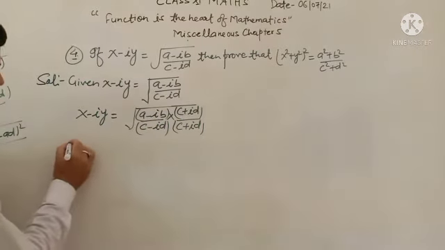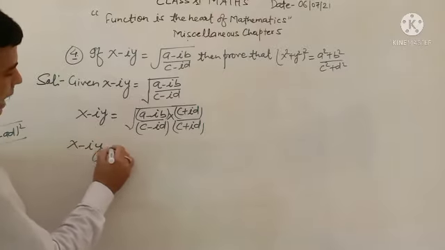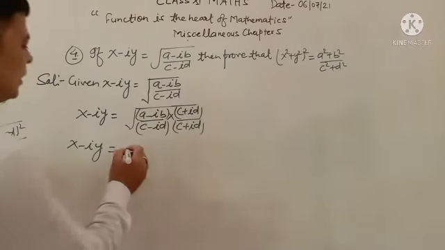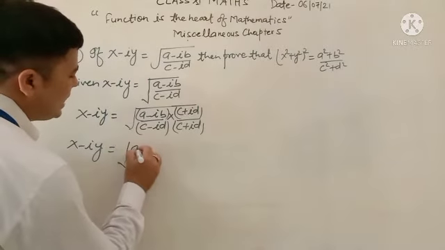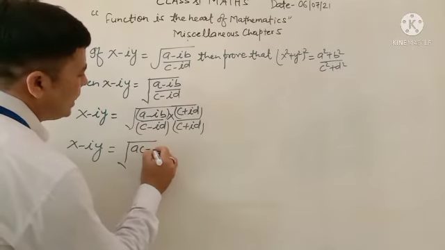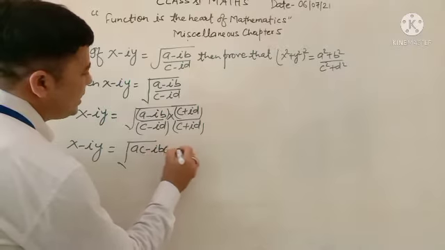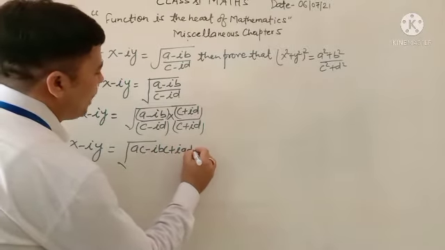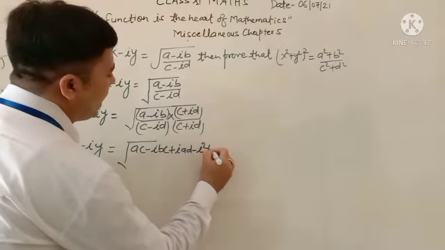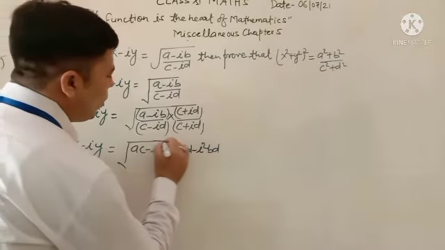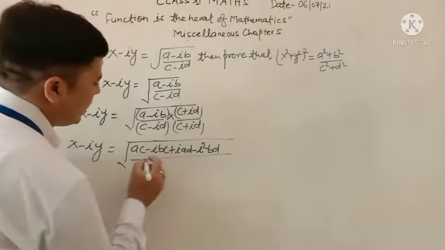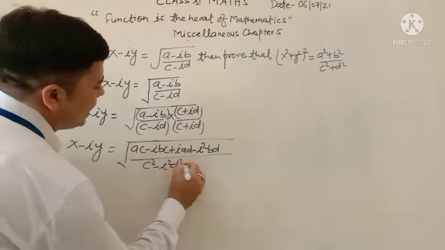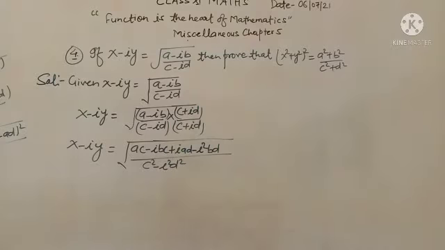This is equal to x minus iy is equal to, multiplying, ac minus ibc plus iad minus i square bd, whole divided by c square minus i square d square.